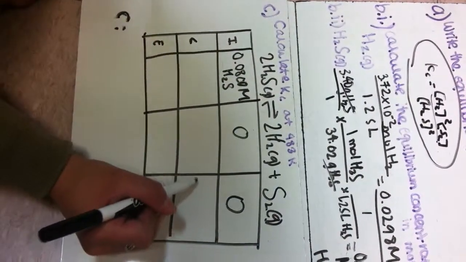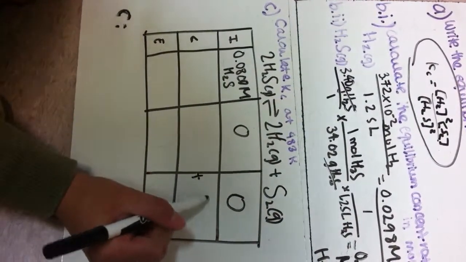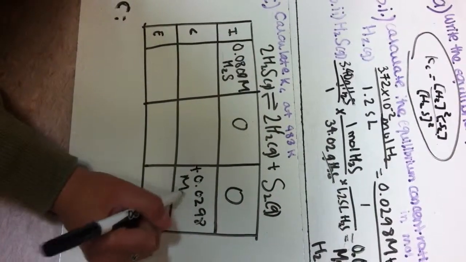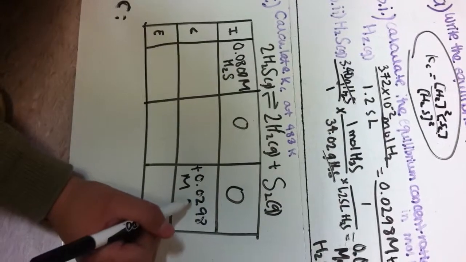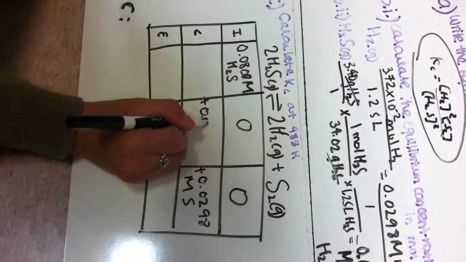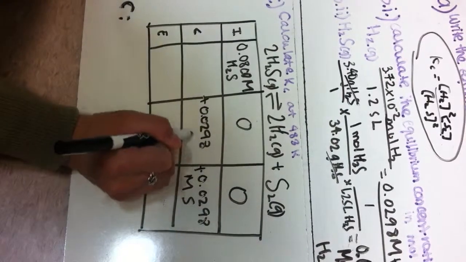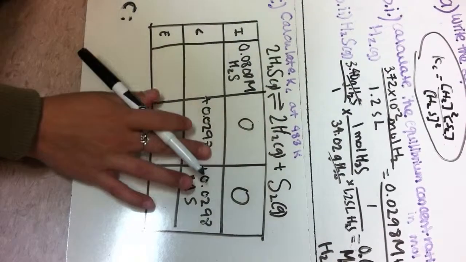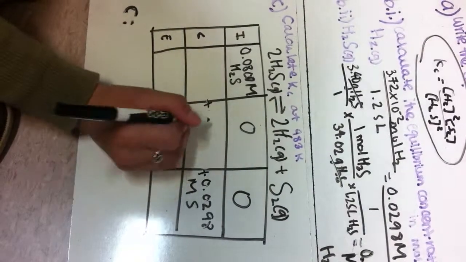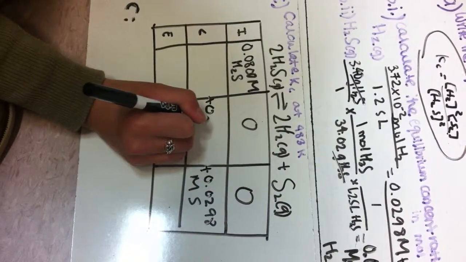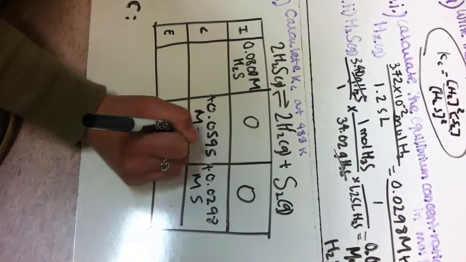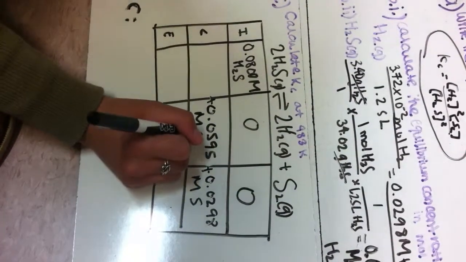Since we cannot go negative, it's addition of 0.0298 molarity of S2. And for H2, since it has a coefficient of 2, we multiply by 2, which gives us 0.0595 molarity of H2.